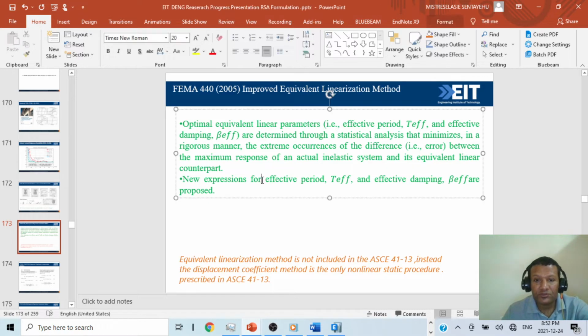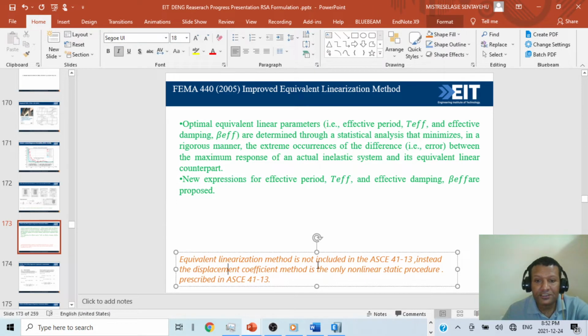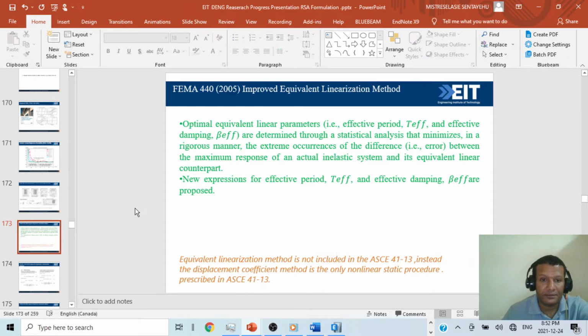New expressions for effective period and effective damping are proposed. The equivalent linearization method is not included in ASCE 41-13. Instead, the displacement coefficient method is the only nonlinear static procedure prescribed in ASCE 41-13 and onward.